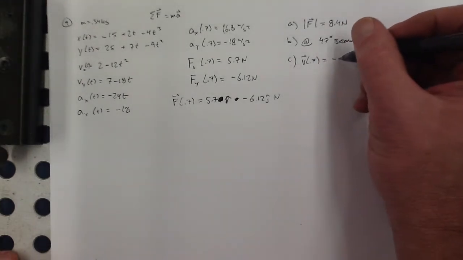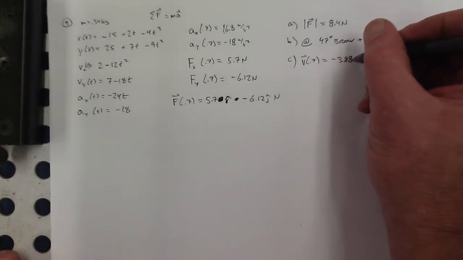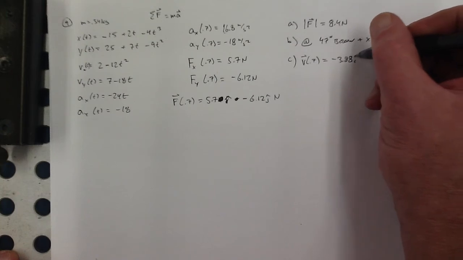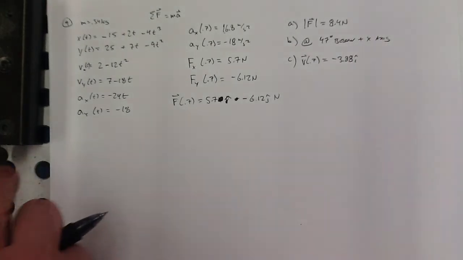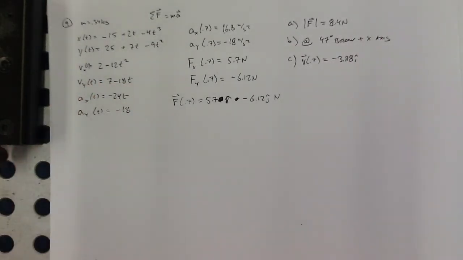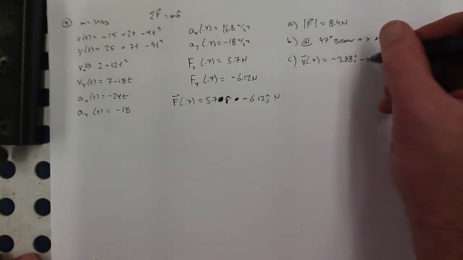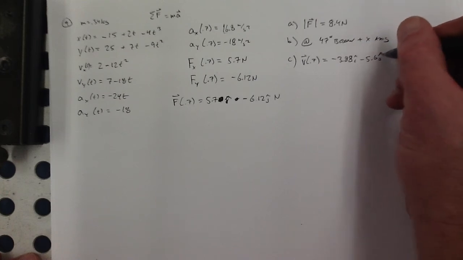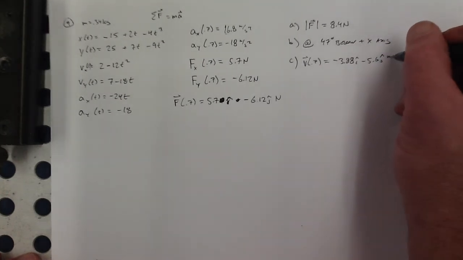It's negative 3.88 I. And then the y component, 7 minus 18 times 0.7, is negative 5.6 J meters per second.